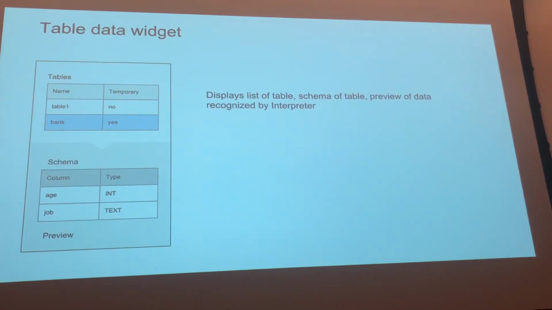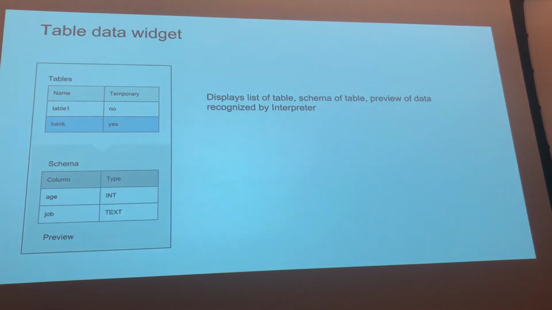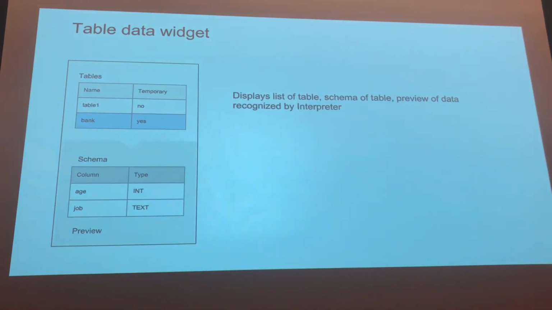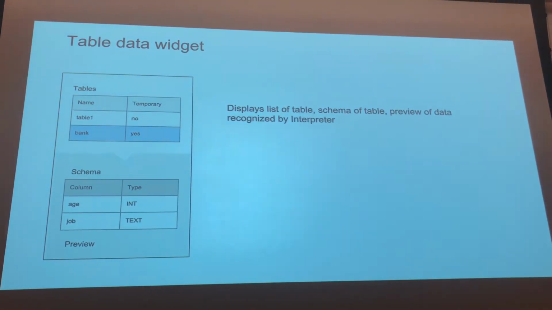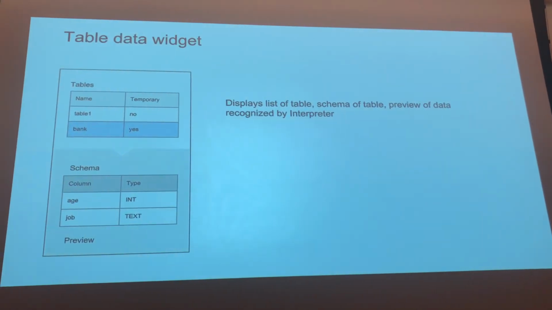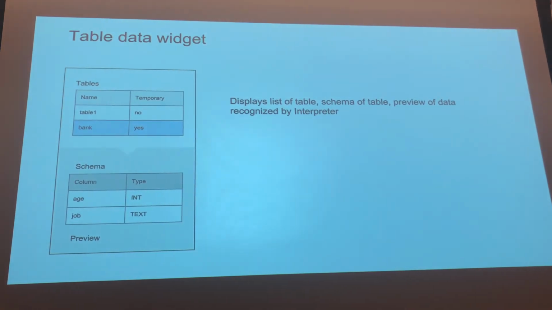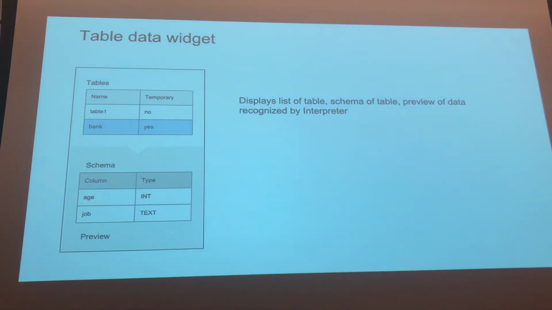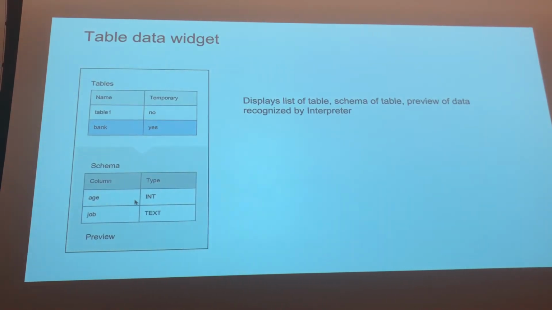For example, let's say I'm using a Spark interpreter and I register some tables in my Spark cluster. The Spark interpreter can get a list and send it to the front end. A table data widget can display what tables you can use, and if you click a table, show the schema or a preview. That's also possible.